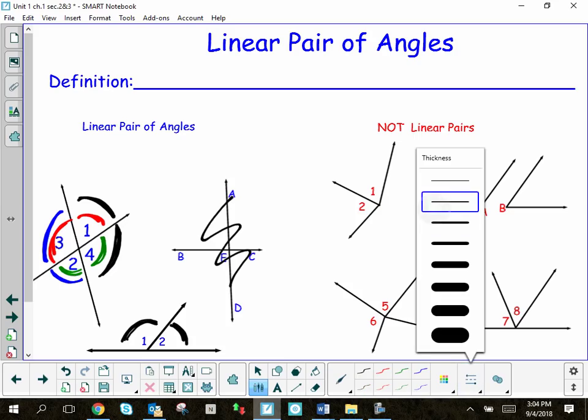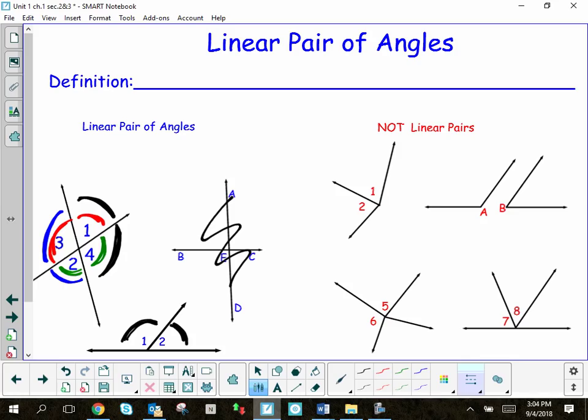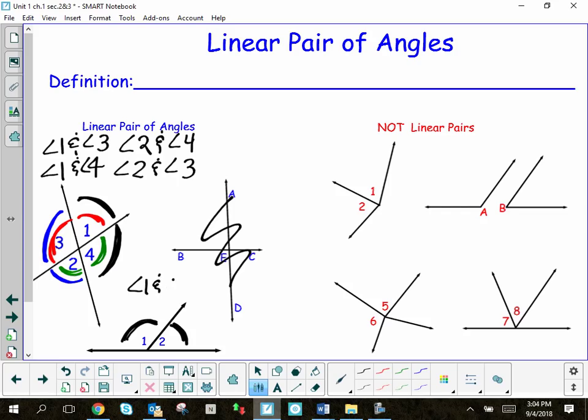So if you want to write them down, you can. Okay, so in this case, we've got angle 1 and angle 3. Angle 1 and angle 4. Angle 2 and angle 4. Angle 2 and angle 3. And that's it. And then of course down here you've got angle 1 and angle 2. You don't have to write those down.